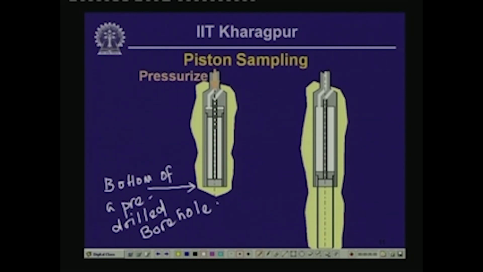And then the piston is kept stationary. You can see that on the sketch to the right, the piston is kept stationary, and what is done is to insert the thin walled sampler, the one we are talking about, into the soil underneath.